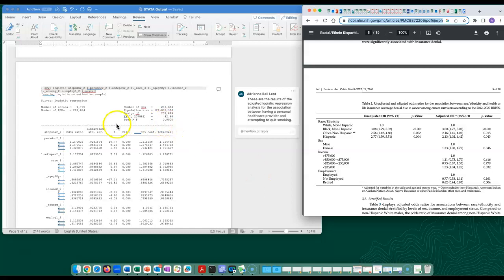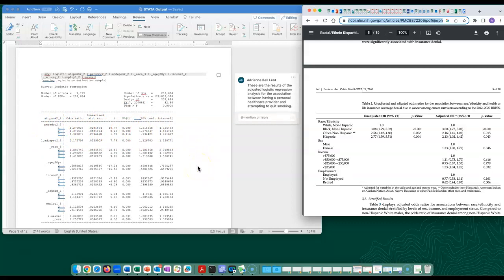So now these are your new adjusted results for this having a personal healthcare provider variable. You'll want to report those, and if you want to, you can also report the results for all of these variables here as well, similar to how this table is set up.